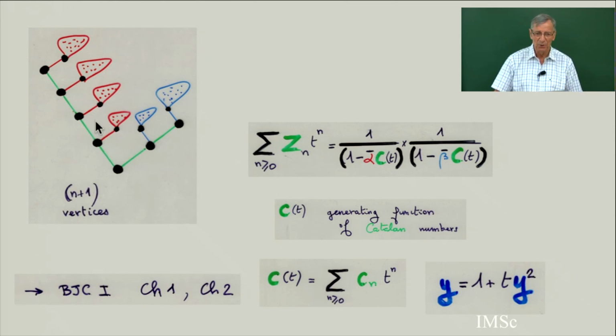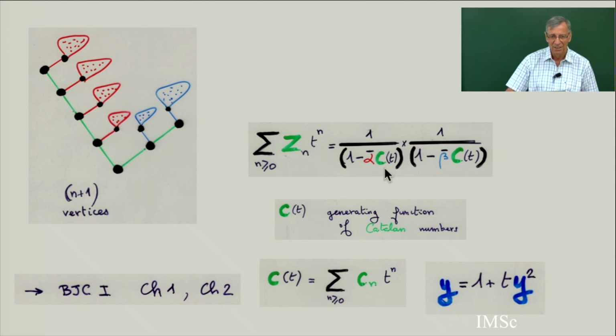You see, this object, once you delete the root, is in fact a sequence: 1 over 1 minus alpha bar, the generating function of a Catalan number. This is exactly a sequence of these red trees. Each red tree is weighted by the inverse of alpha.